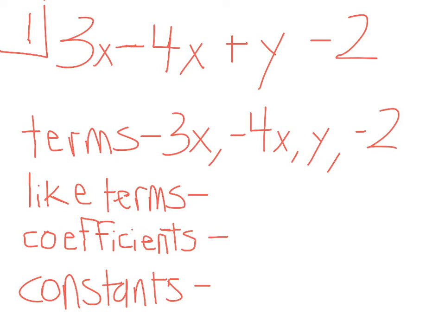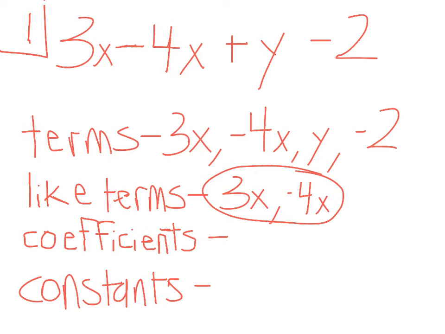I'm sorry, that's not a negative 3, just 3x and negative 4x. So those are a pair. I would circle those together. Y is its own by itself because there's no other terms that have a y. And then negative 2 is also its own term. It's a constant. There's no other terms that are just numbers.